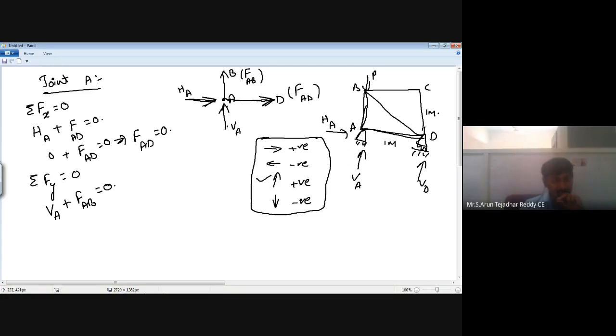Already we know the VA value, that is P. So P plus FAB is equal to 0. Then we can write FAB is equal to minus P.